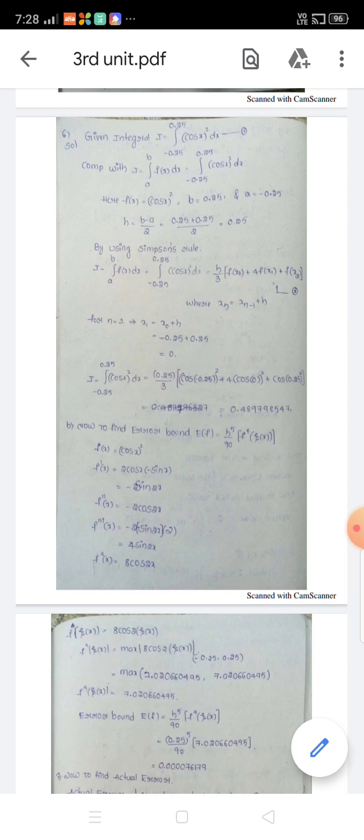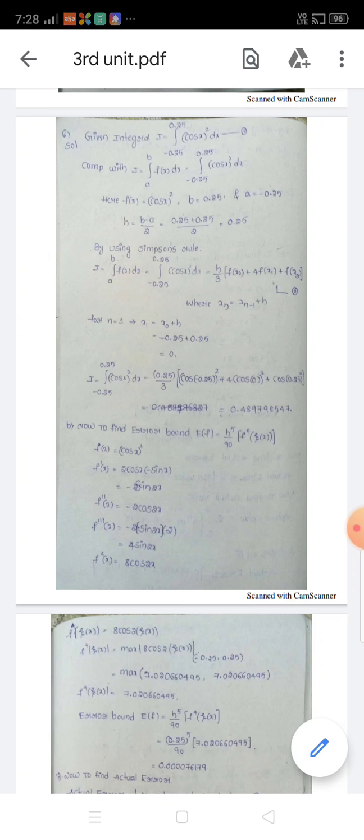After simplifying, we get the value equal to 0.489798. Now to find the error bound, EF is equal to h power 5 by 90 into the fourth derivative of f of xi of x. Next, find f dash x, f double dash x, f triple dash x, f fourth derivative x.